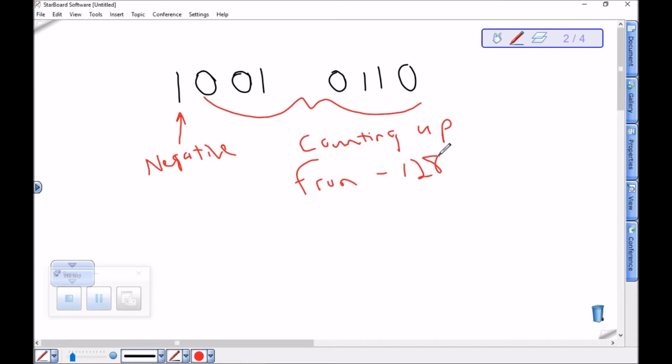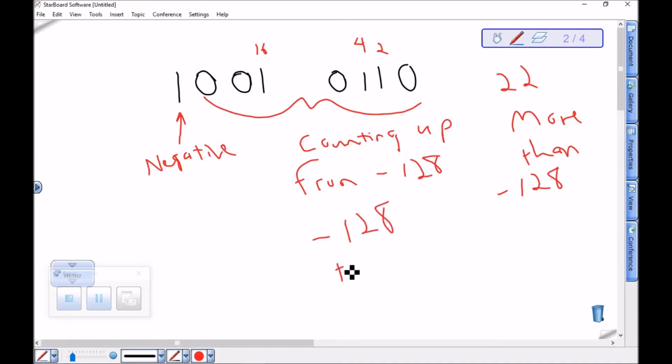So if I look at this number, I've got a 1 in the 2's, a 1 in the 4's, and a 1 in the 16's place. So this number is 22 more than negative 128. So negative 128 plus 22 gets me to that negative 106, which is what numeral that is.